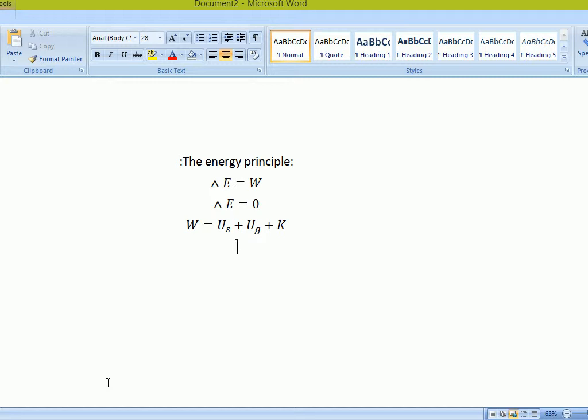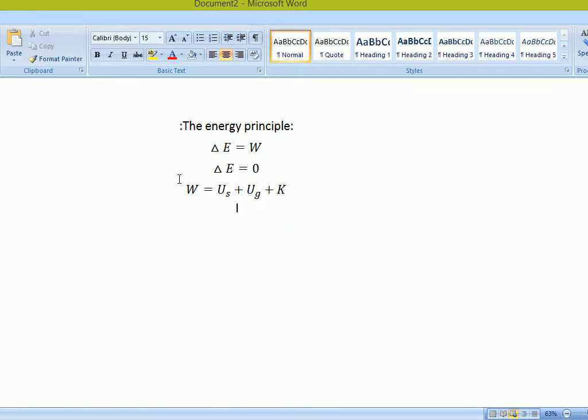And we know that W is equal to K plus U sub S plus U sub G. You should notice that in this lab we're not going to make any predictions using the energy principle, but we're going to use energy graphs to help us understand what's happening with the kinetic energy and potential energy of the system using these relations.